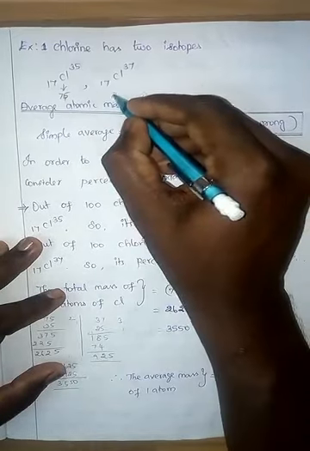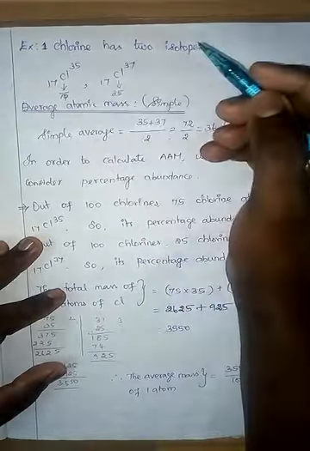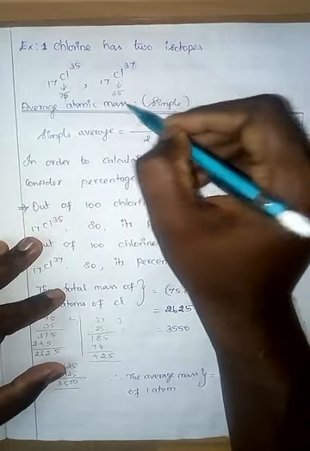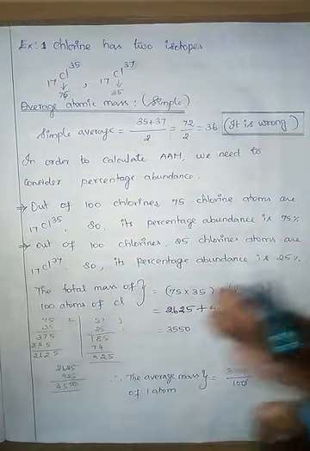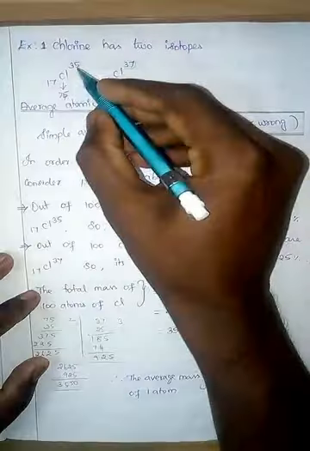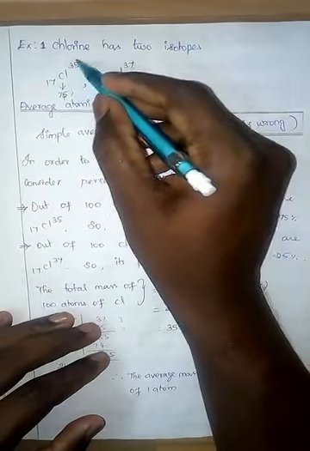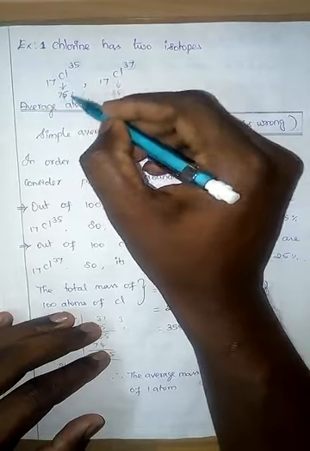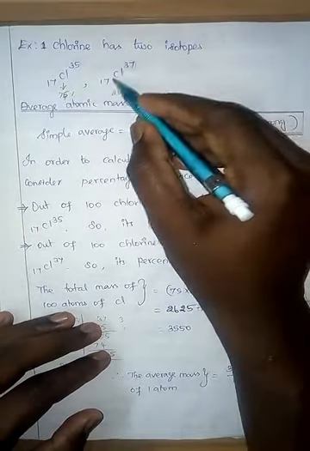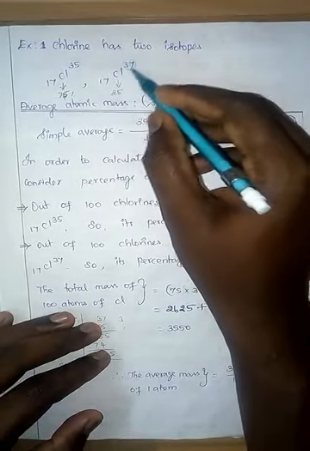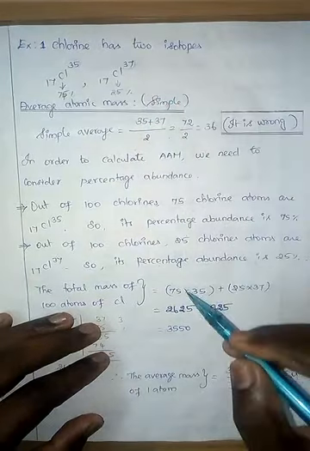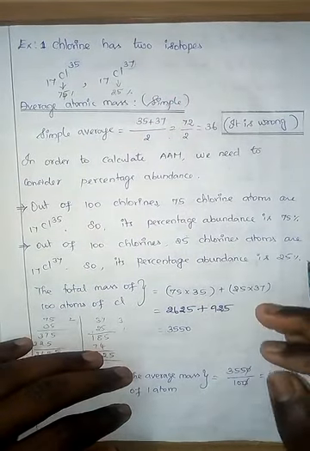The remaining 25 will have the mass of 37. So the percentage abundance of chlorine 35 is 75%, whereas chlorine 37 is 25%. That's what I said, percentage abundance.